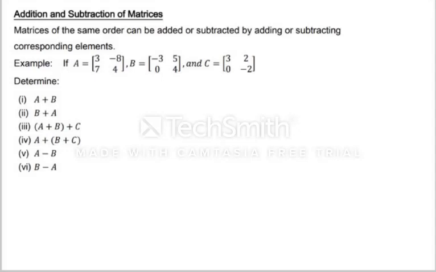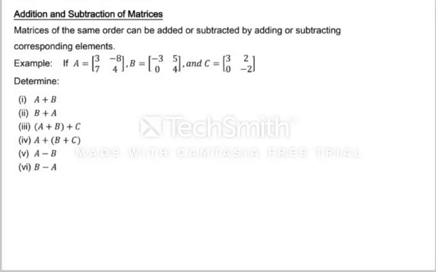The word corresponding here means in the same position. So first of all, if we're going to add two matrices, they must be of the same order. And then we add or subtract by adding or subtracting corresponding elements.